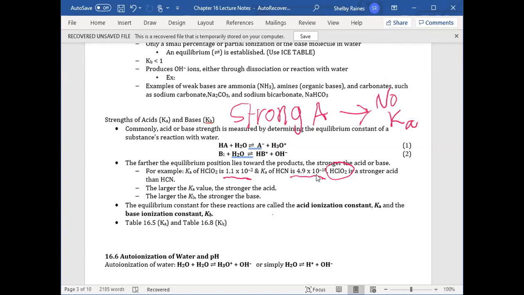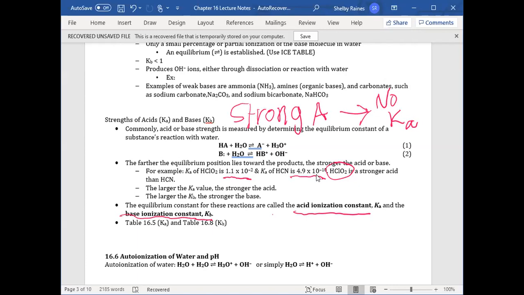Same applies for bases. The equilibrium constant for these reactions, we actually call the acid ionization constant because it tells us how much that acid is breaking down into its ions. And the base ionization constant we call Kb.